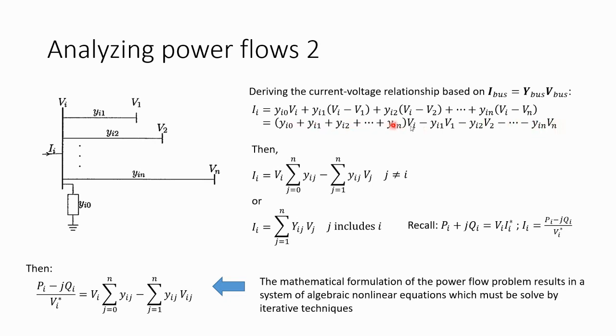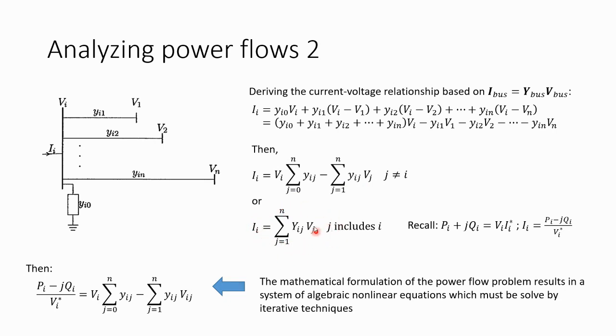And we can combine them and rewrite them in the summation form as given over here. The self-admittance part of the equation is represented by this term, and the remaining off-diagonal part of the equation is represented by this term.